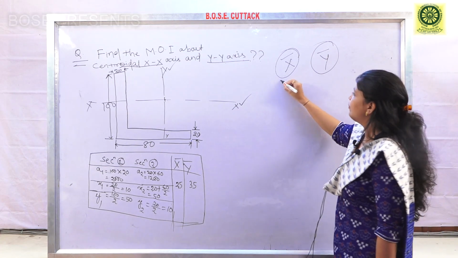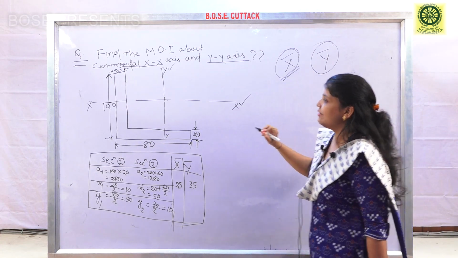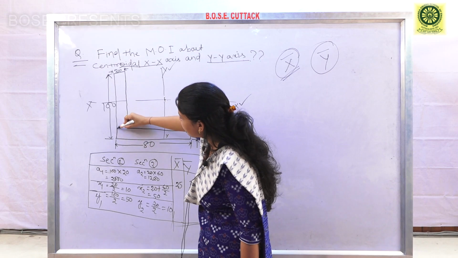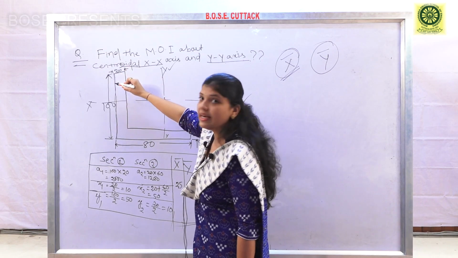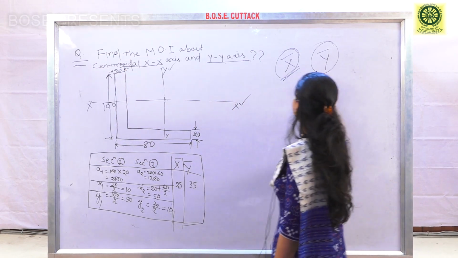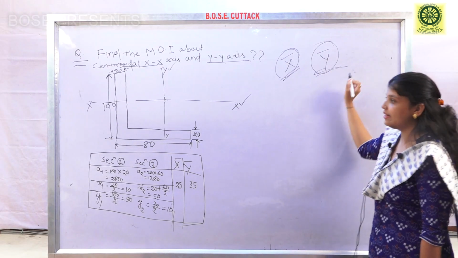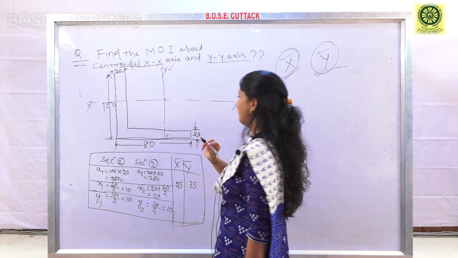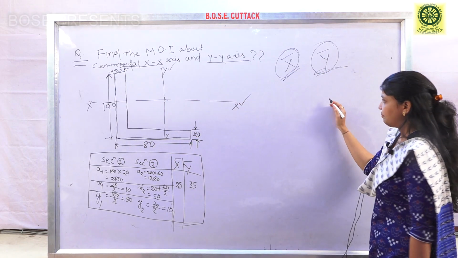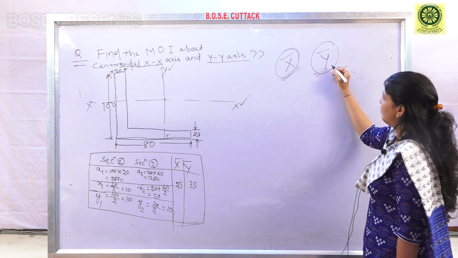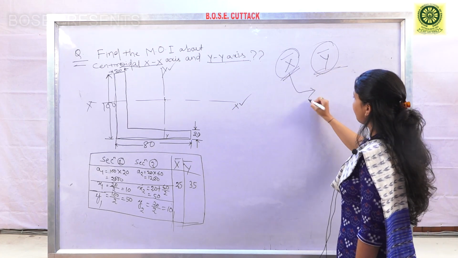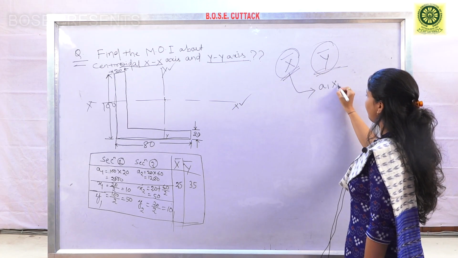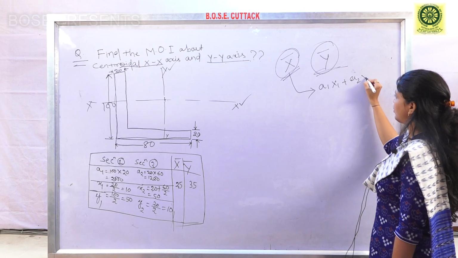In order to find the x bar, I have taken the leftmost surface as the reference line, and in order to find the y bar, I have taken the bottommost surface as the reference line.